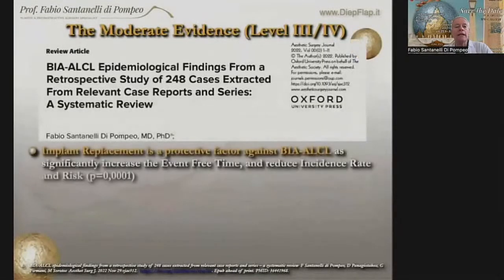So let's look at what has happened after those statements by the authorities. We found out, on a long series of cases, through two retrospective analyses on a prospective database, with a similar moderate level of evidence, level 3, among 248 cases of BIA-ALCL, that replacing the implant is a protective procedure for the patient, because it significantly reduces the incidence rate of the disease and increases the event-free time.